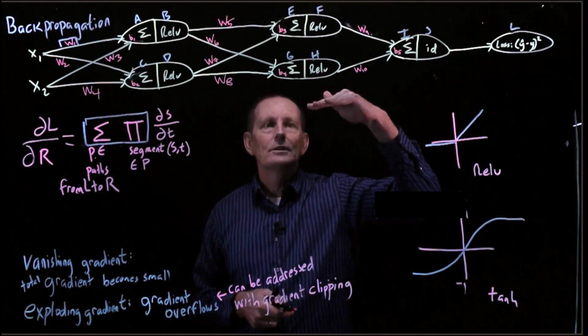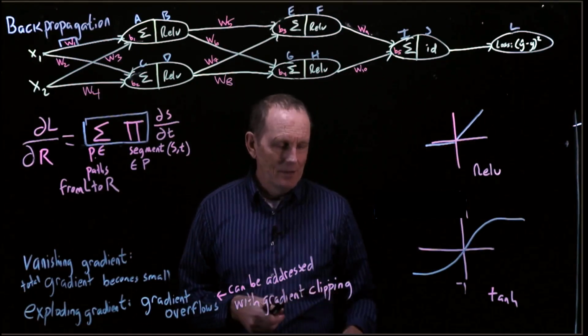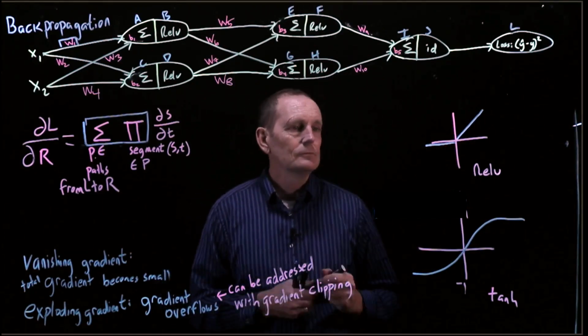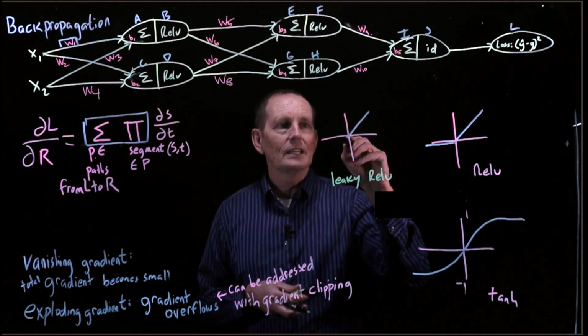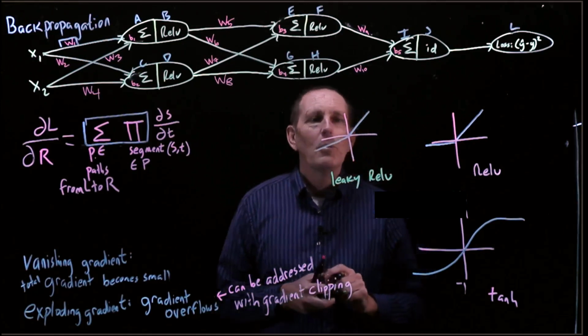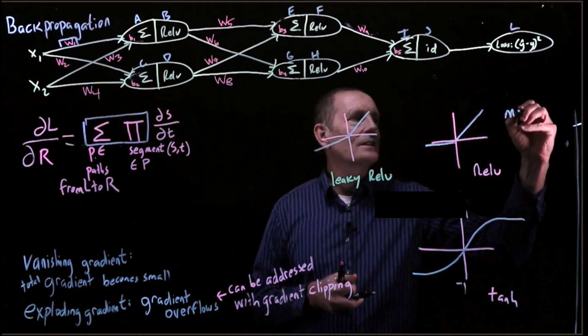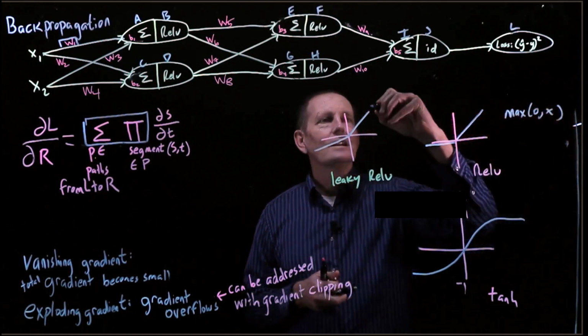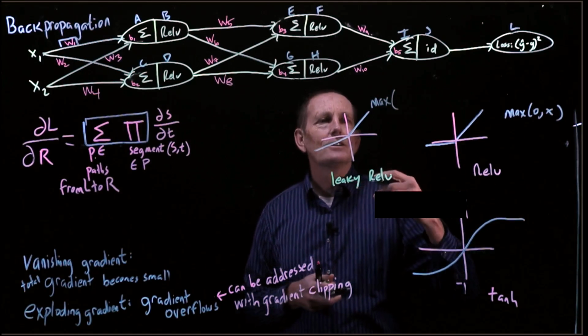The vanishing gradient, well, one thing that can help with that is if you don't have the ReLU completely cut off the gradient moving through. So that's the idea of the leaky ReLU. So we still have a kink, but here, this one is max of 0, x. This one would be something like max of, we have some constant here, some hyperparameter.